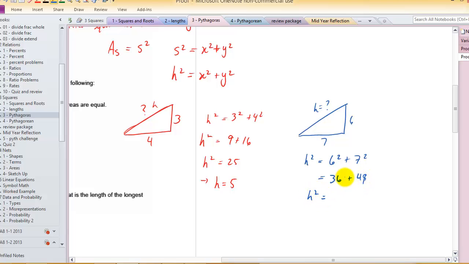So h squared is equal to 85. So h is equal to, well, we don't know what that is, the square root. I know that 9 squared is 81, and 10 squared is 100, so it's a little bit over 9, maybe 9.1. But we could also just say it's the square root of 85.